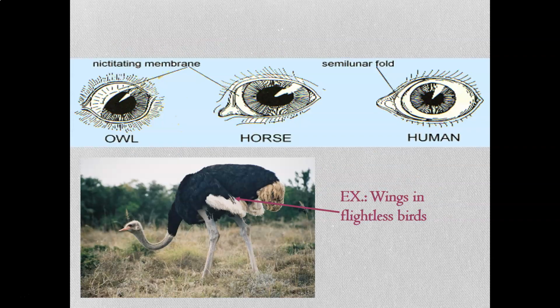Okay, so some examples. When we look at things like nictitating membranes in owls and horses, this is an extra, basically clear eyelid. Humans no longer have it. We have just a vestigial structure, a little semilunar fold that doesn't actually cover the eyeball.